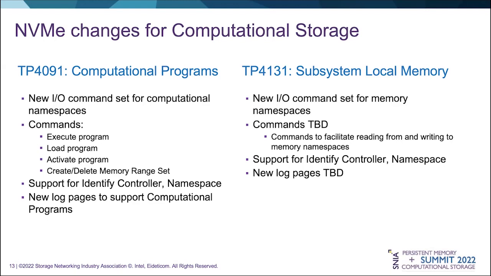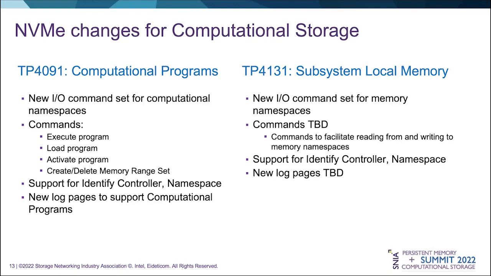Now, the other TP that has emerged as we've worked through computational programs is the subsystem local memory TP, which is 4131. We don't have a lot of time to go into this one today, but it also introduces a new command set for memory-centric namespaces, or memory namespaces. This TP is still very much a work in progress.